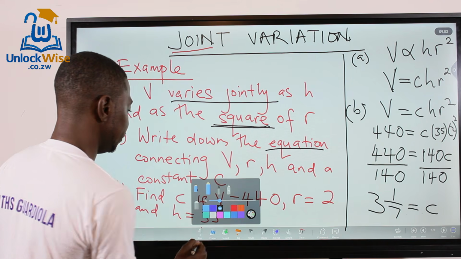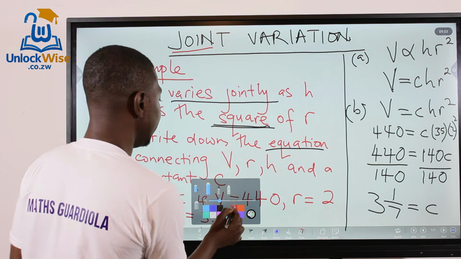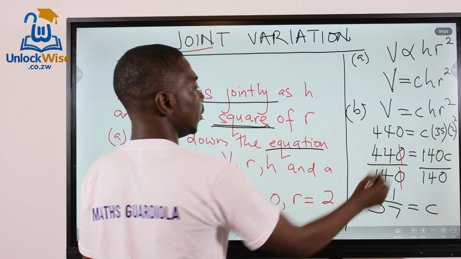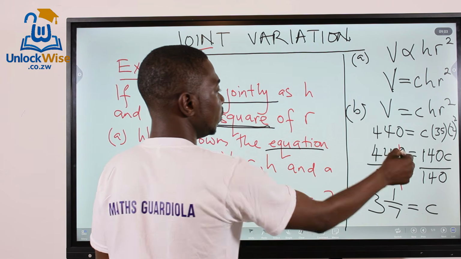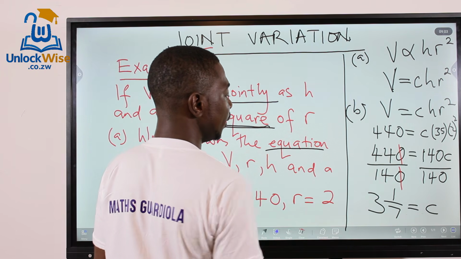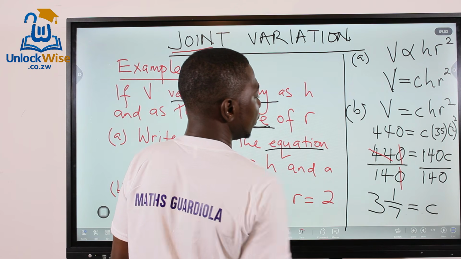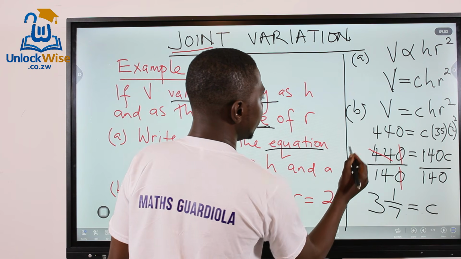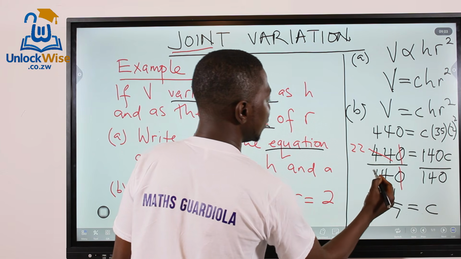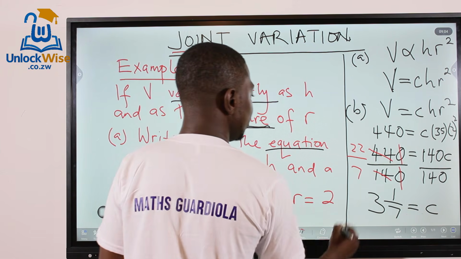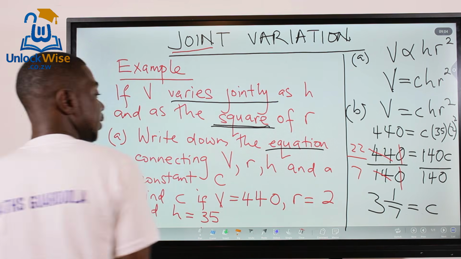Right, maybe let me take you halfway. You can say 10, right? Divide the numerator and the denominator by 10, and maybe divide this by 2, you get 22, and divide this by 2, you get 7, and then 7 into 22, you get 3 and 1 over 7.